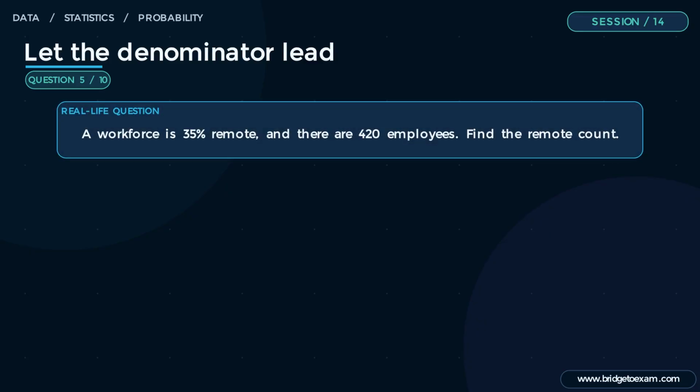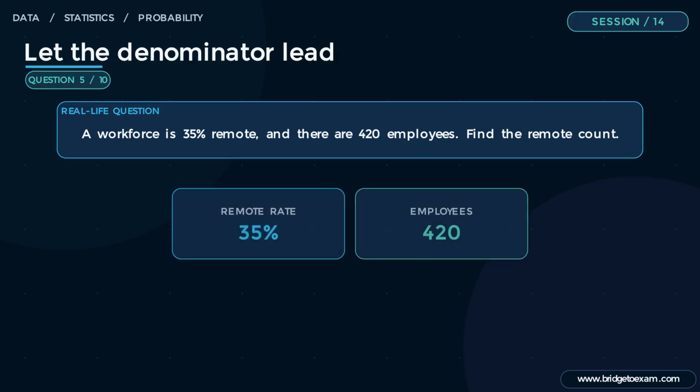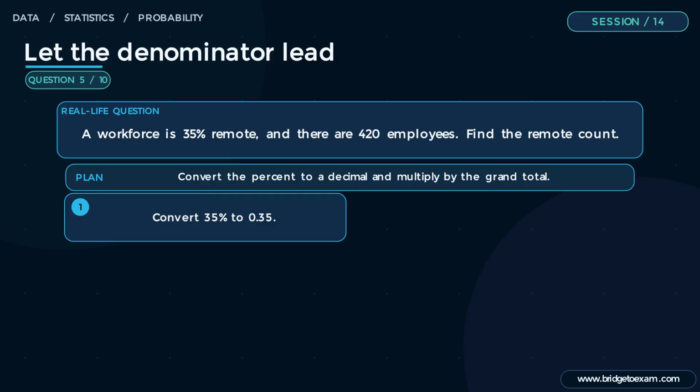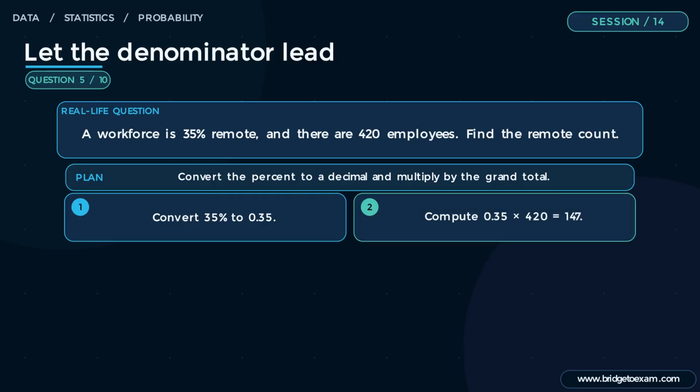Example 5. A workforce is 35% remote, and there are 420 employees. Find the remote count. The key quantities are organized before the arithmetic begins. Plan. Convert the percent to a decimal and multiply by the grand total. Step 1. Convert 35% to 0.35. Step 2. Compute 0.35 times 420 equals 147.